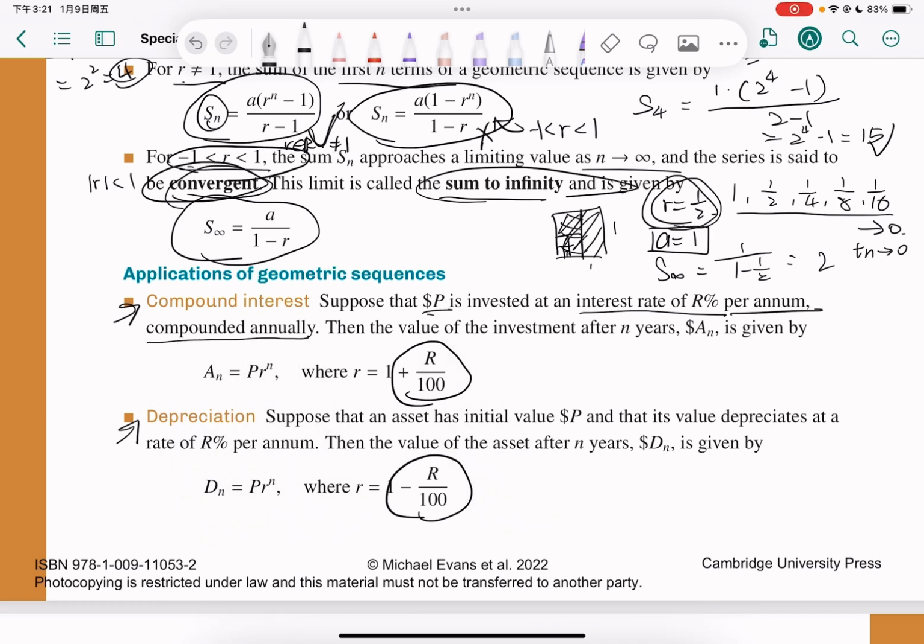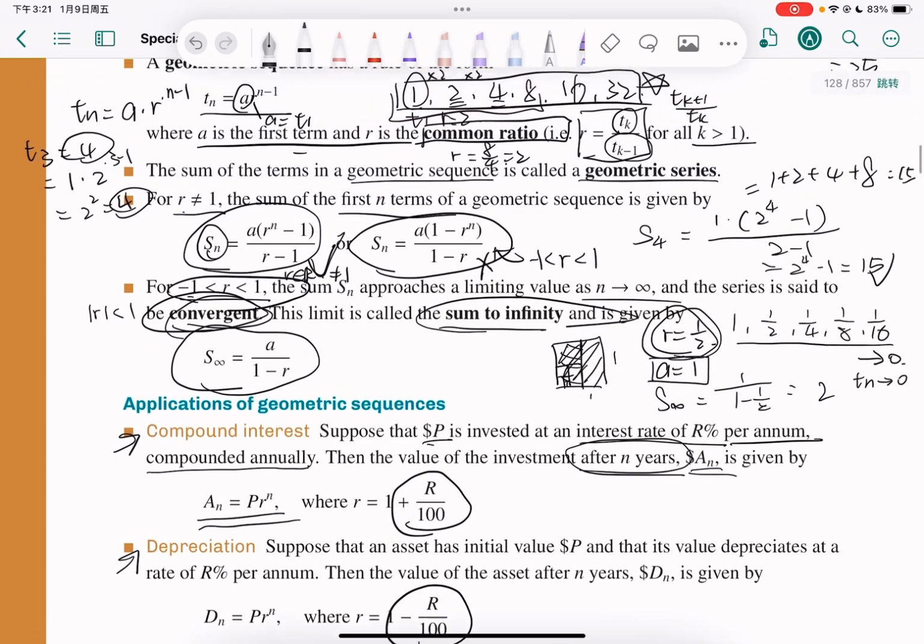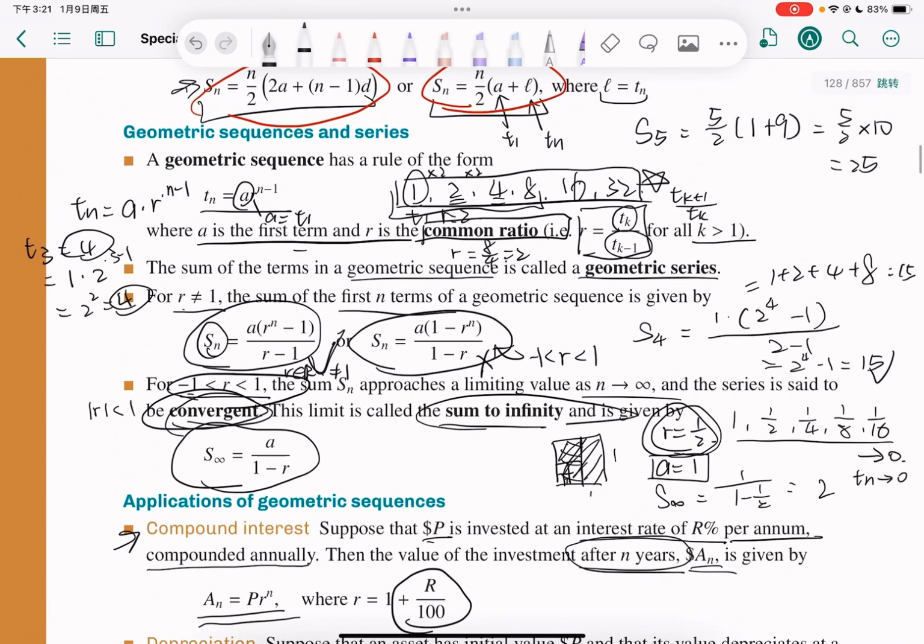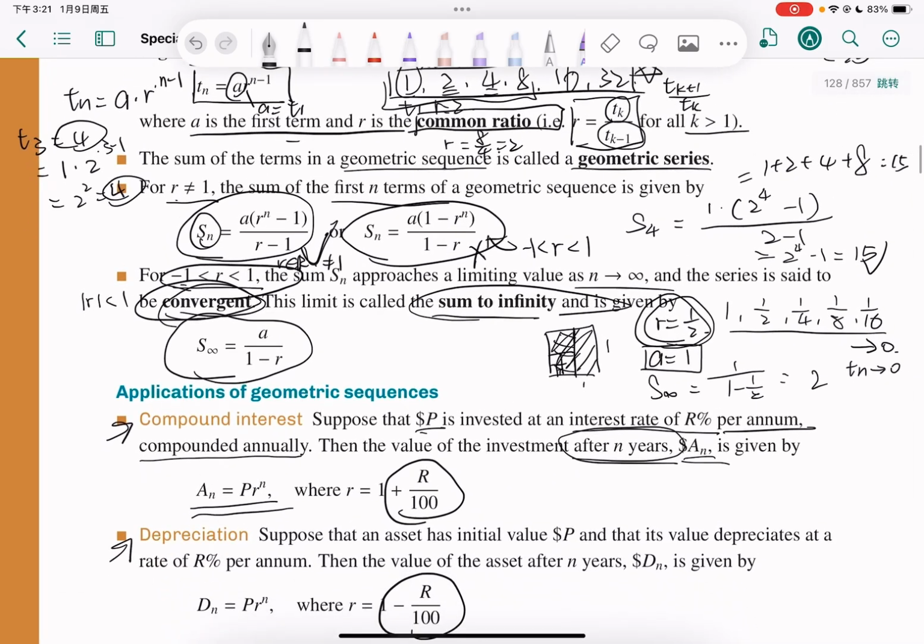Then the value of the investment after n years is An, and it's given by this, which is similar to our geometric sequence, where the ratio is 1 plus R divided by 100.